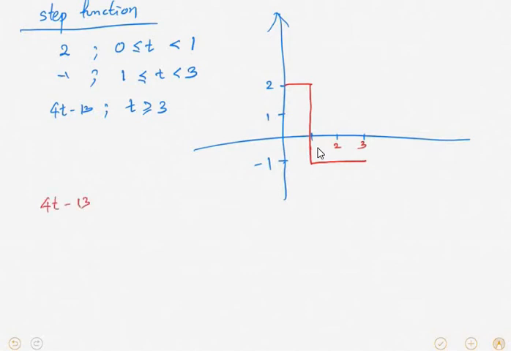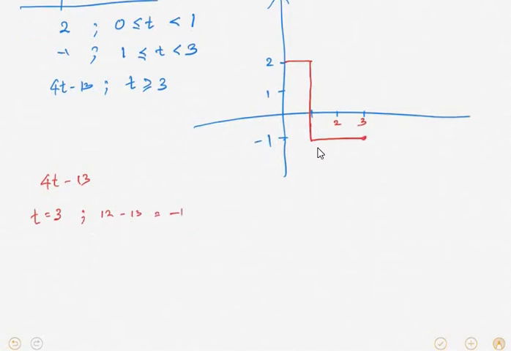So you can write, if t equals 3, what do you obtain? You substitute t equal to 3. So 12 minus 13, you obtain -1. So it's still here. Okay, you can substitute 3. So when t equals 4, what do you obtain?